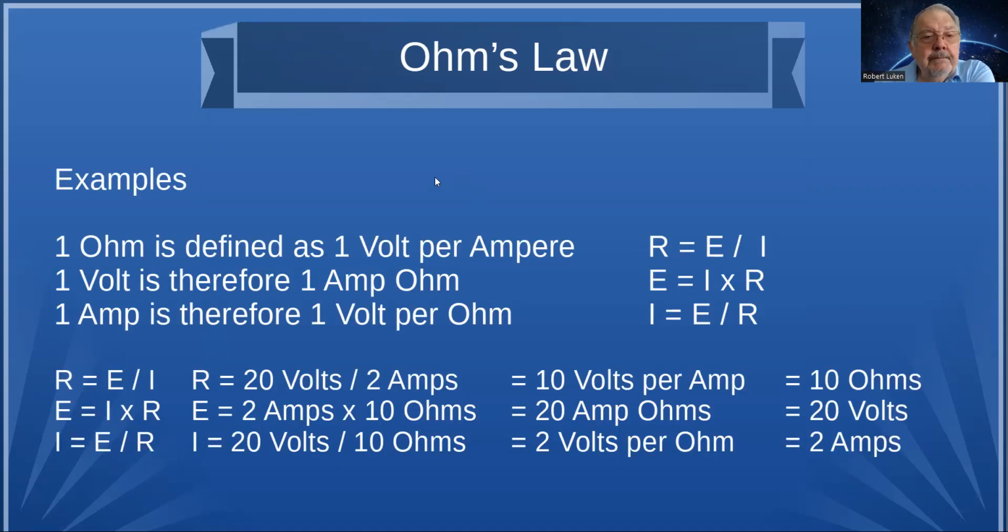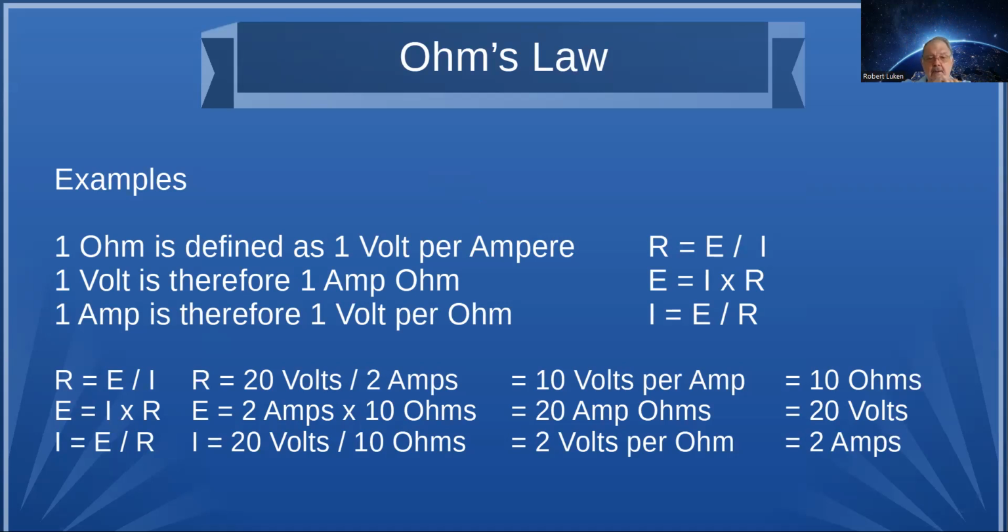Some examples. So we defined an ohm as 1 volt per ampere. So a volt is therefore 1 amp ohm or product. And an amp is therefore 1 volt per ohm.